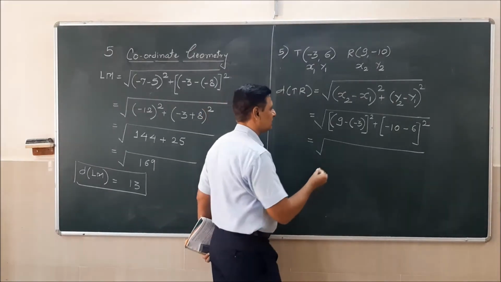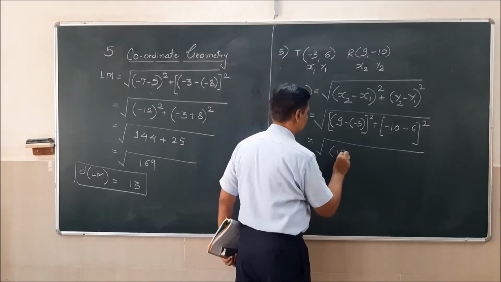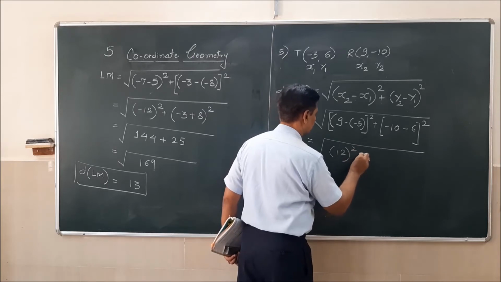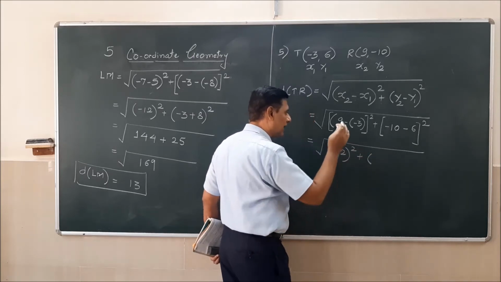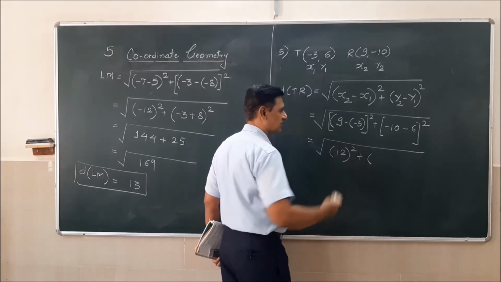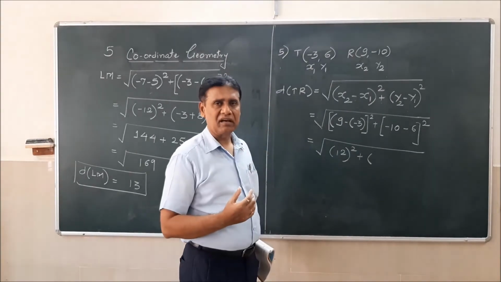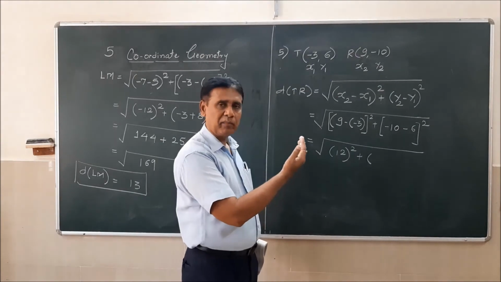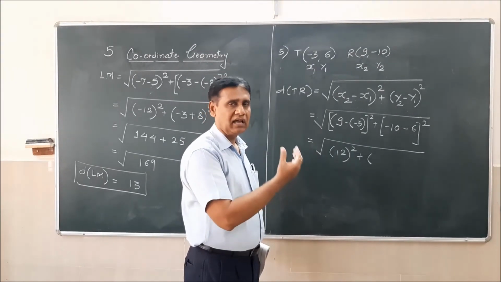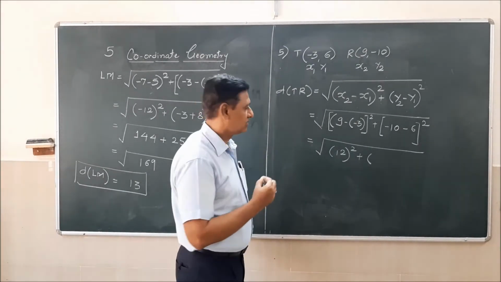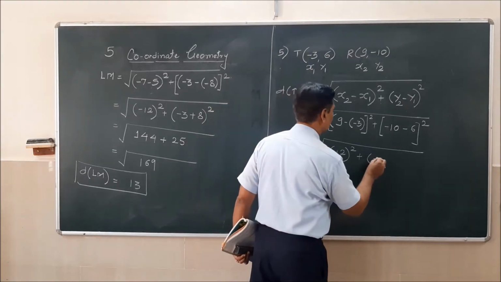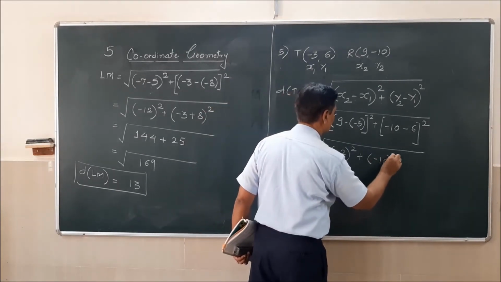So I'll get it as 12 plus 12 the whole square. Then minus 10 minus 6. If we add minus 10 minus 6, whenever there are similar signs possessed by both the numbers, we add and we put the common sign. So this is how you will get it as minus 16 the whole square.